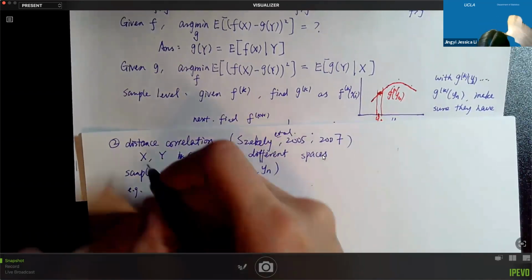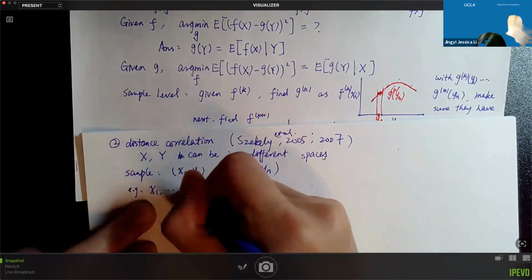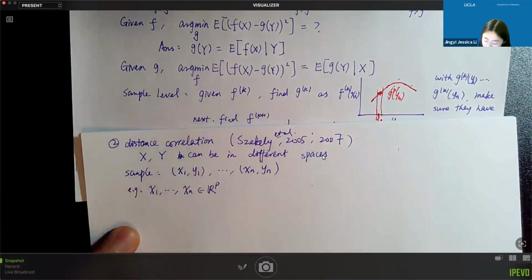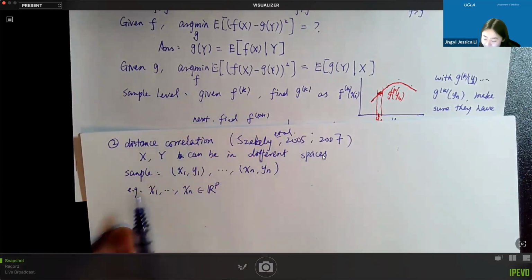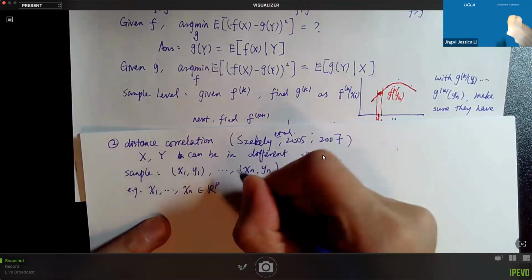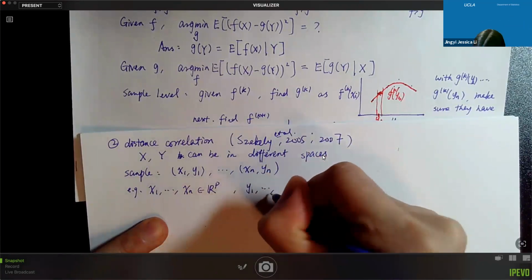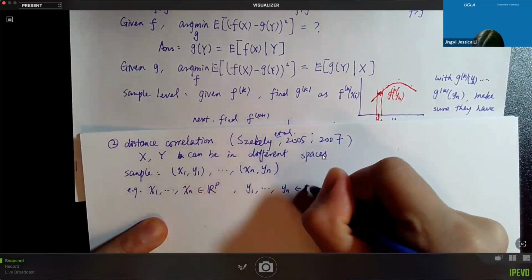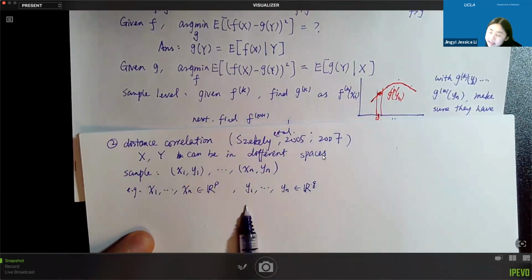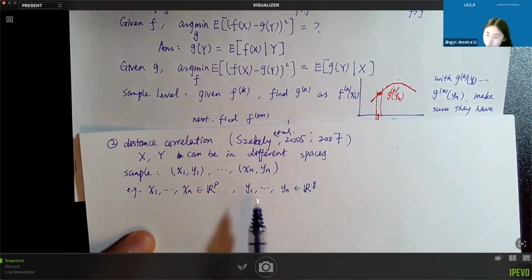Let's say my x1 to xn are p-dimensional. For example, you can consider them to be n patient samples, and for each sample you measure p genes. And then let's say that y1 to yn are q-dimensional. You can still think of them as representing the same n patients, but each yi is the ith patient's clinical measurements of q dimensions.